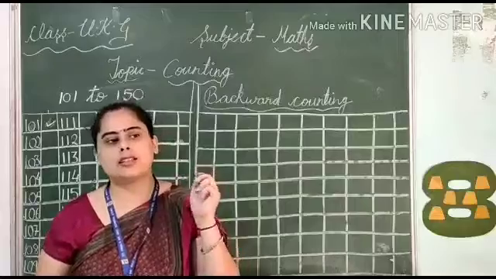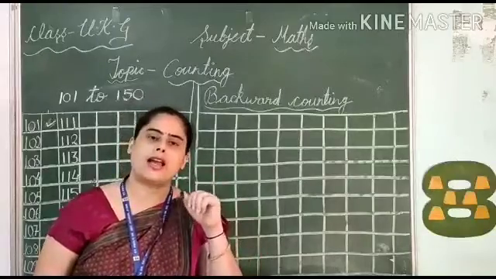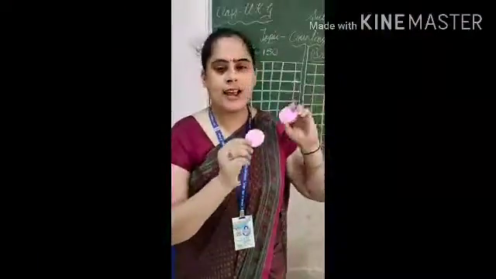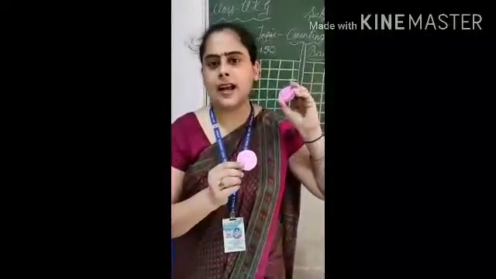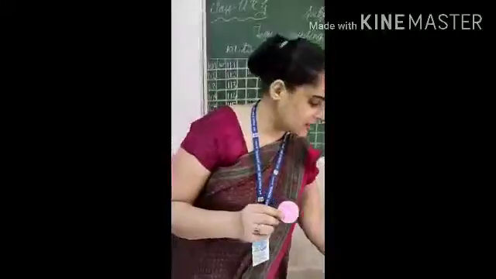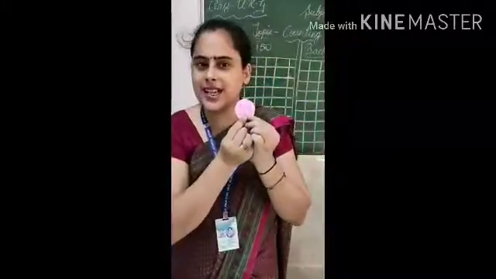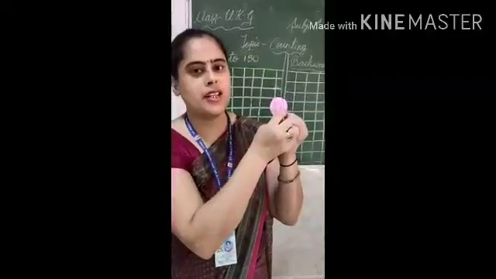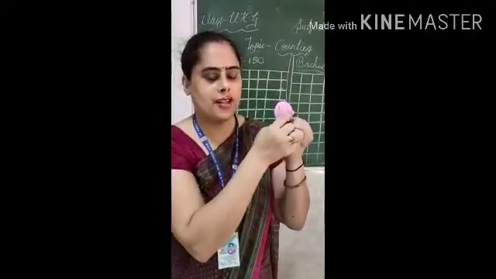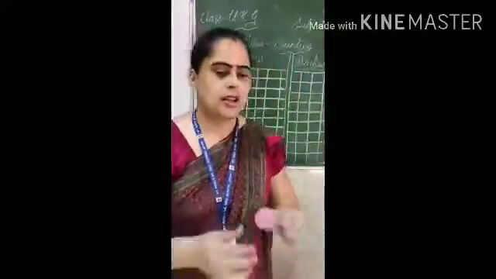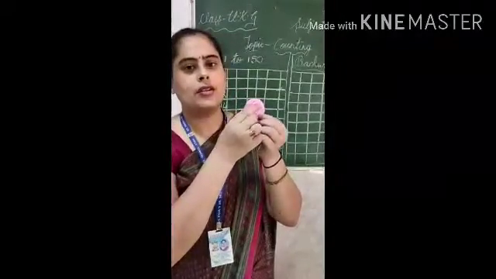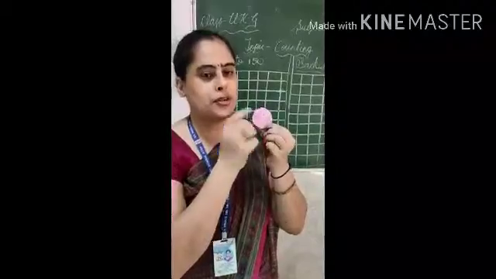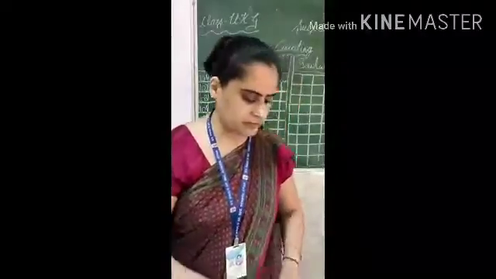I have circles and inside I have written numbers. See children, which number is this? This is 1, 0 and 1. 101 means 101. Next is 102. 102 means 102.